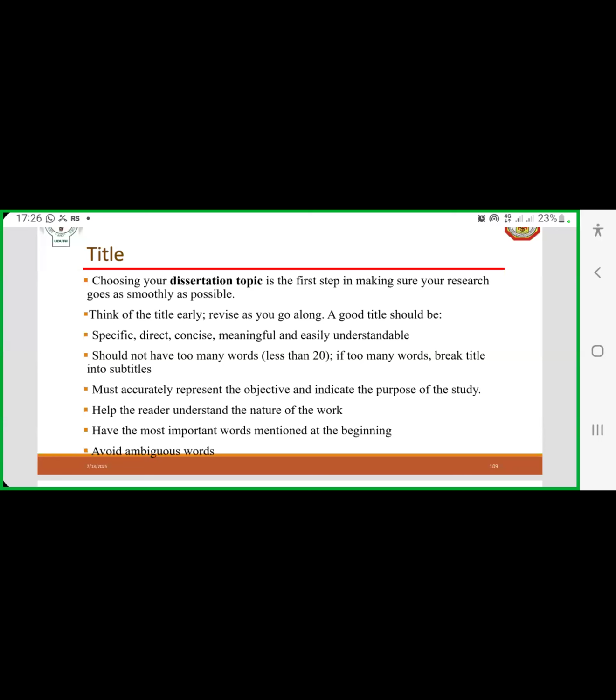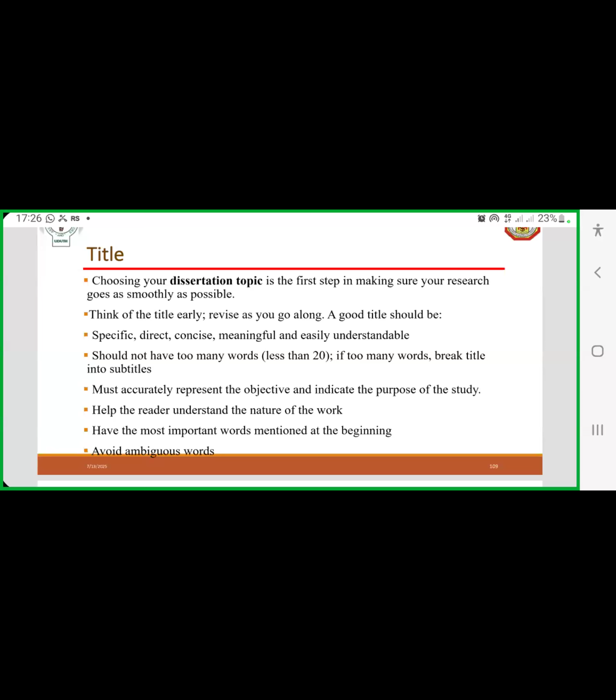Then it must accurately represent the objective and indicate the purpose of the study. Yes, you have to indicate the purpose of the study, and also the objective of the study must be in the title. It should help the reader understand the nature of the work.